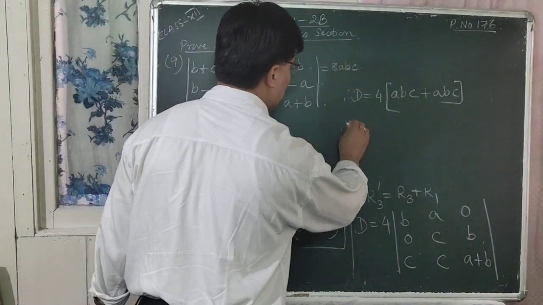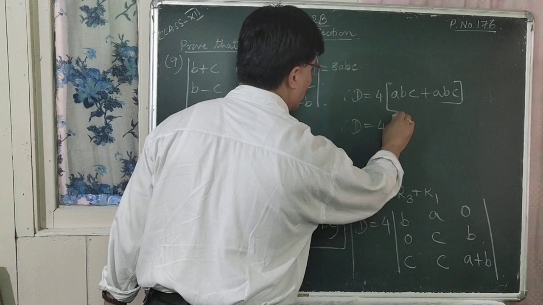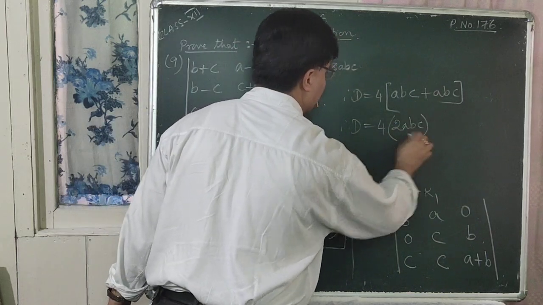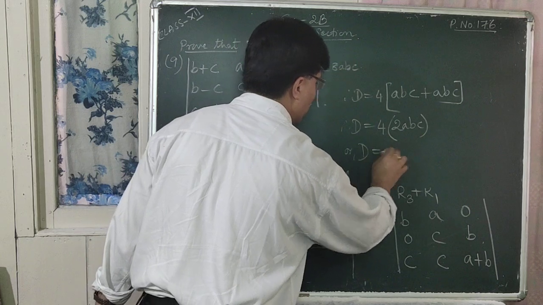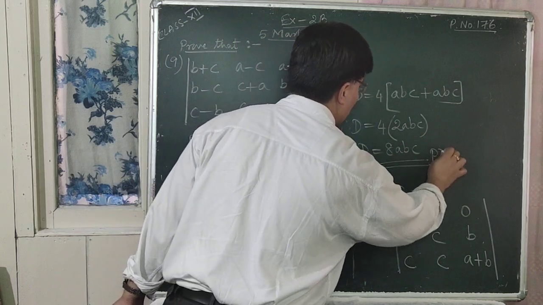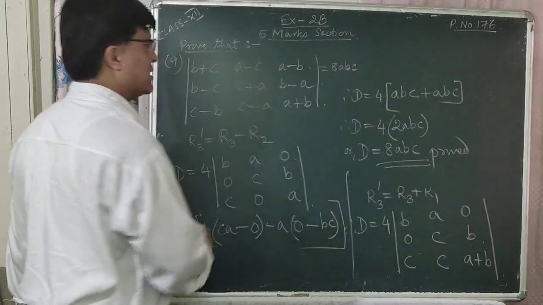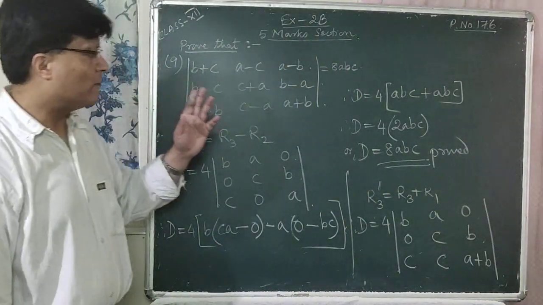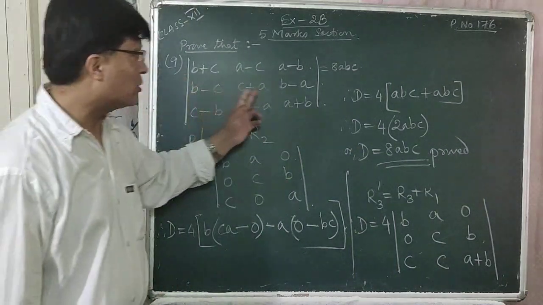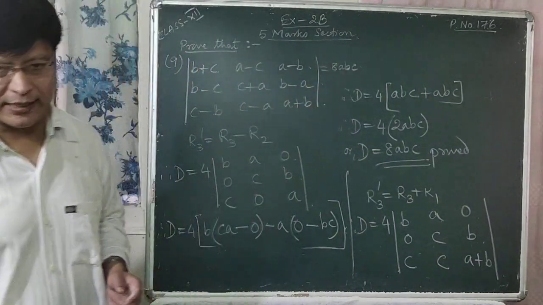So what is D is equal to? It is 4 into, what is ABC plus ABC? 2ABC. Or what is D is equal to 4 into 2ABC, that is 8ABC. So we have got this answer, isn't it? That is 4 into 2ABC is equal to 8ABC, which is equal to this right hand side.